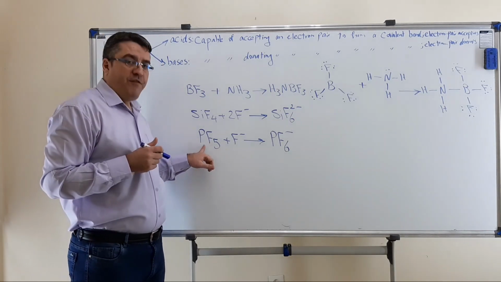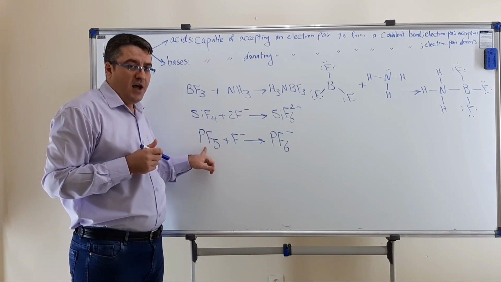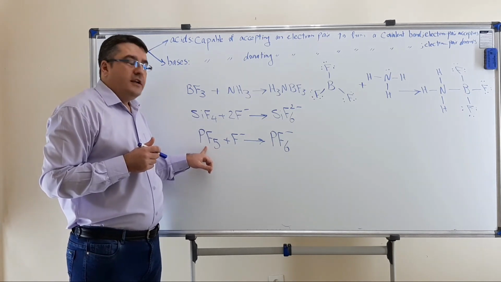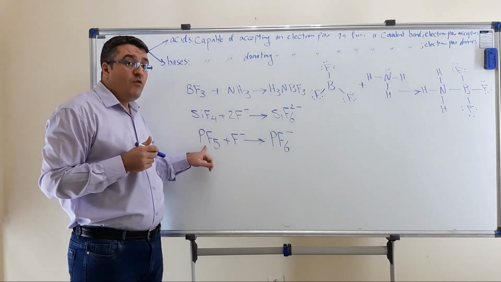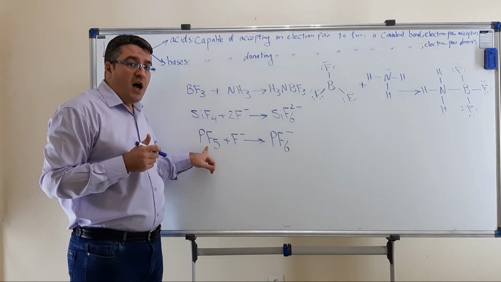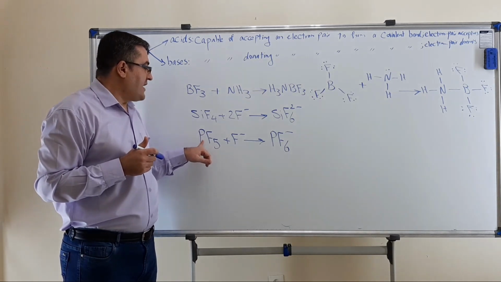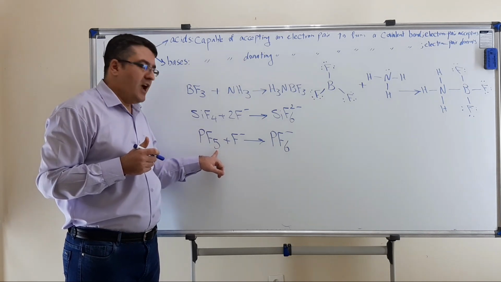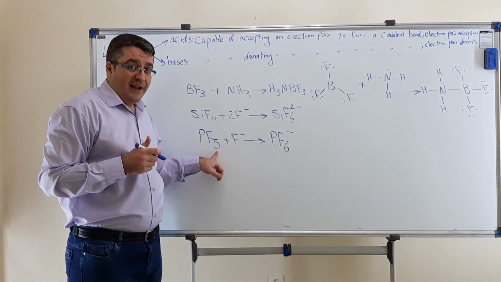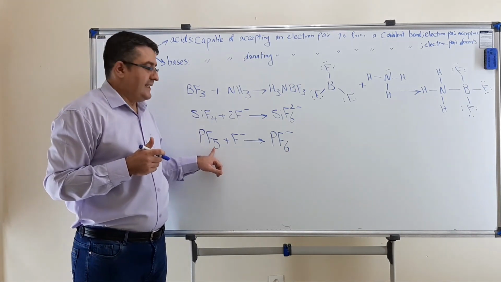In PF5, the phosphorus atom has 10 valence electrons. It is more than the 8 valence electrons required to obey the octet rule. Yet, the phosphorus atom of the PF5 can still accept another electron pair. It can act as a Lewis acid.